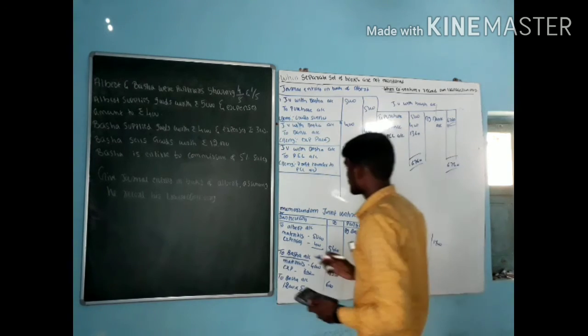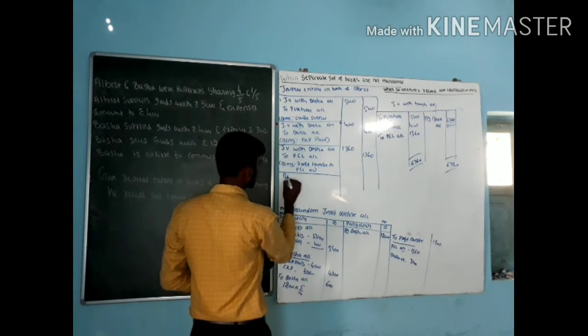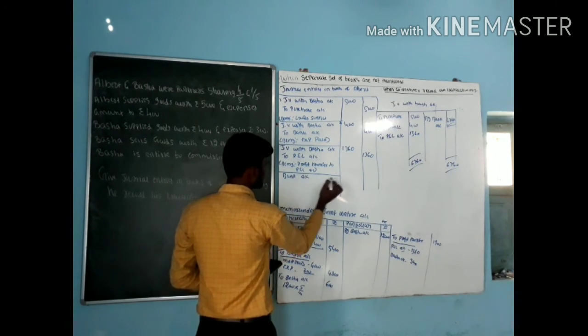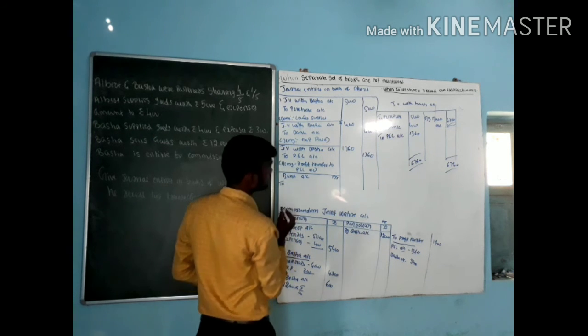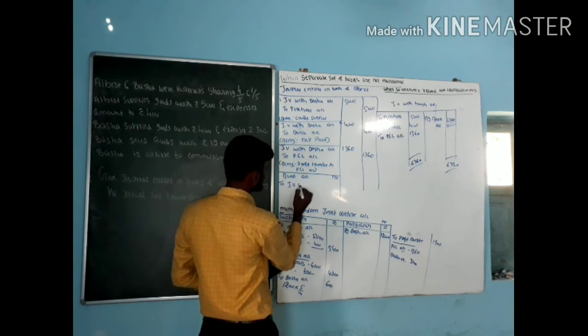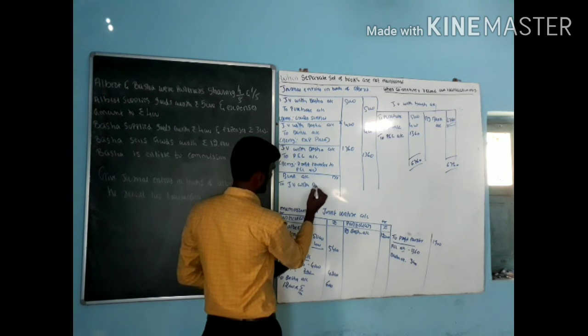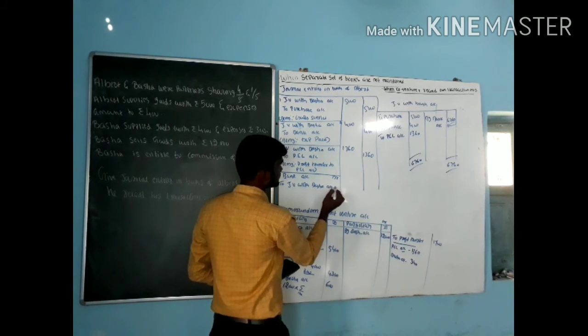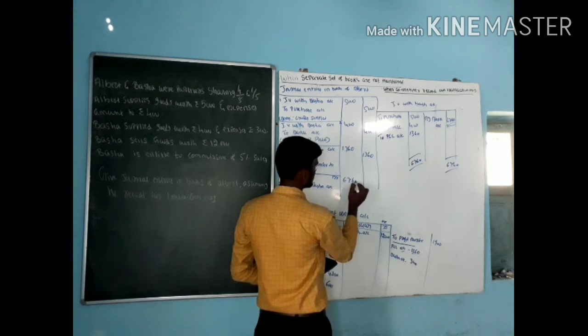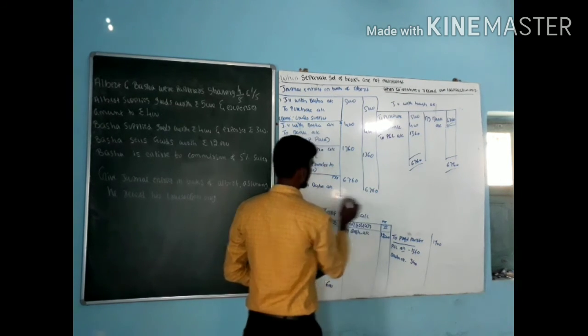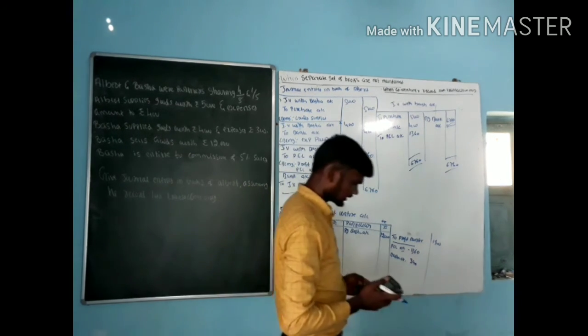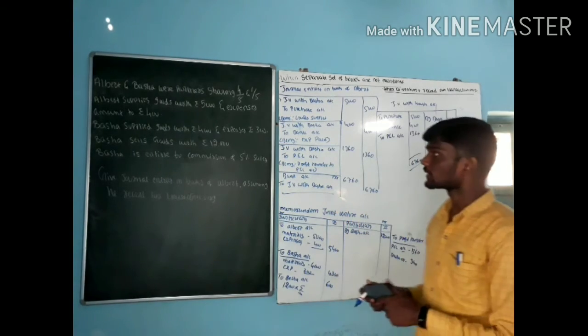The entry for this transaction of the year is bank account debit to joint venture with Basha account, that is 6,760. This is the journal entries in the books of Albert.